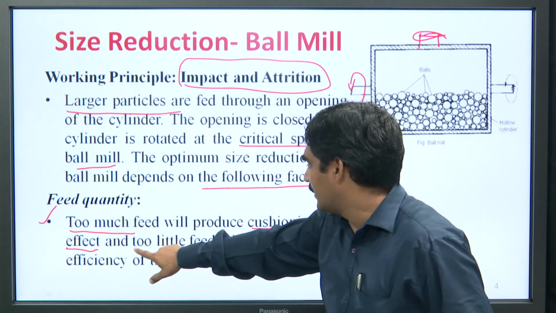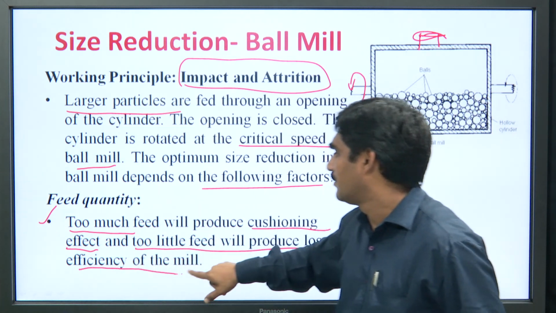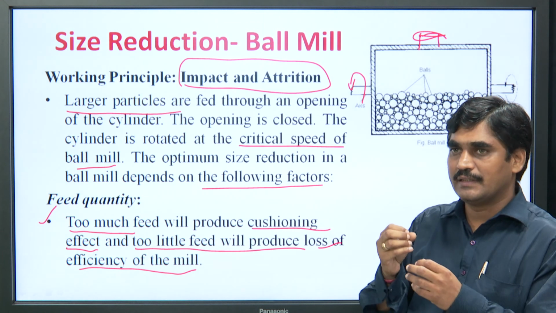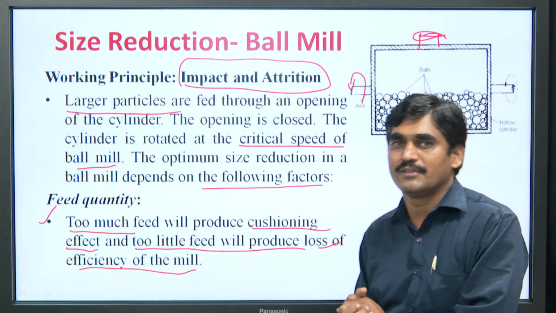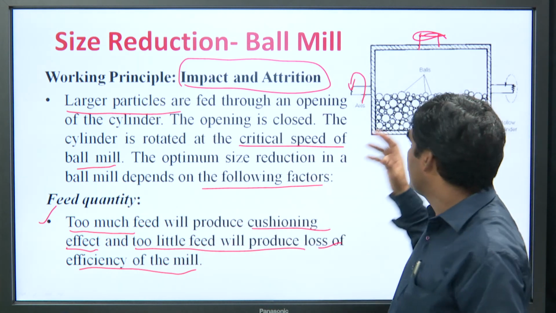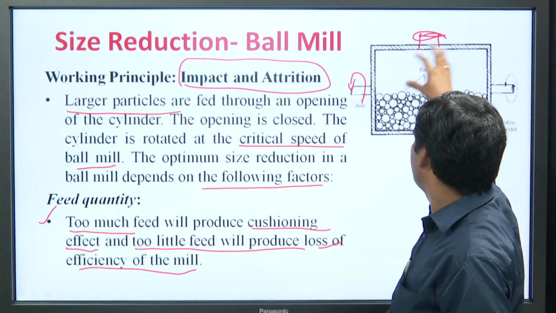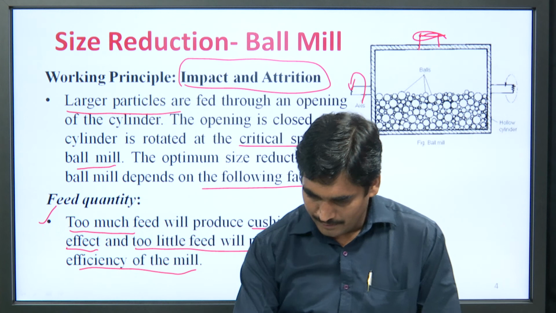And too little feed will produce loss of efficiency of the mill. That means, if the feed quantity is very less, then also the efficiency of the instrument will be lost, and if the feed quantity is large, then the feed will not get proper space for size reduction. Okay.